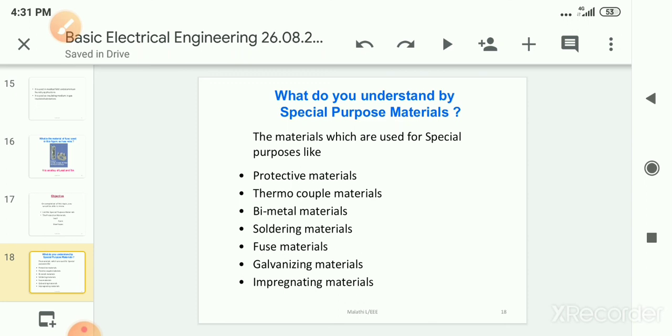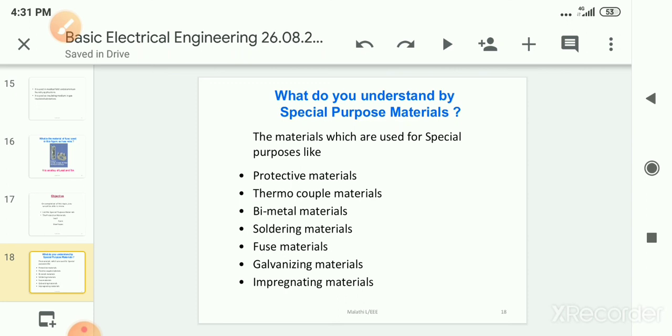In our third unit, thermocouple materials are used. Bimetallic materials are also used in the electrical kettle and iron box for automatic temperature control. Galvanizing and impregnated materials are also used with insulating materials to improve their properties.